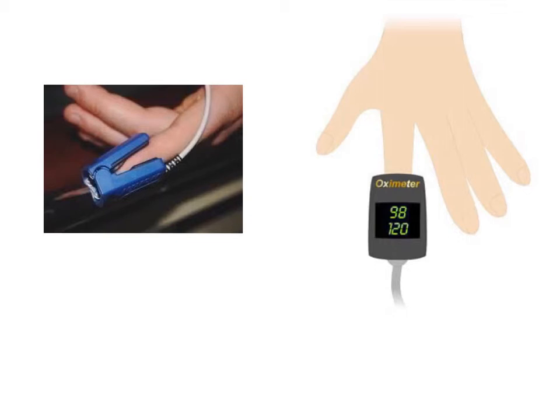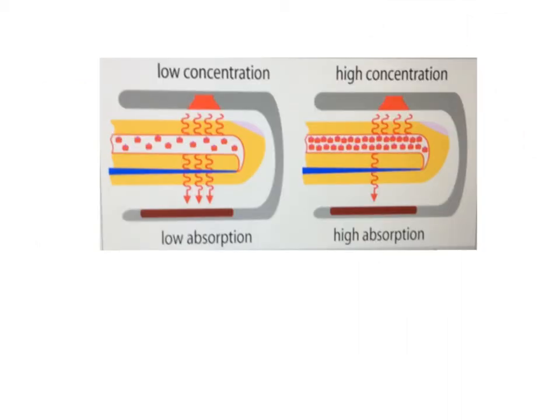So in the first physical property, we can see that the amount of light absorbed is proportional according to the blood vessel. So in the first diagram, we can see that one blood vessel has a low Hb concentration, and in the other one, the blood vessel has a high concentration of Hb.